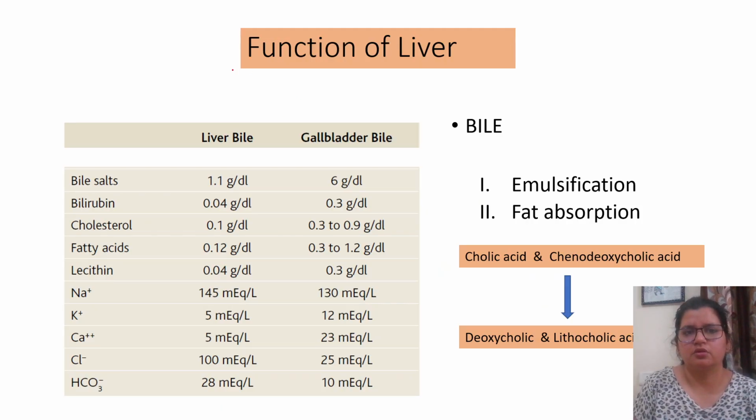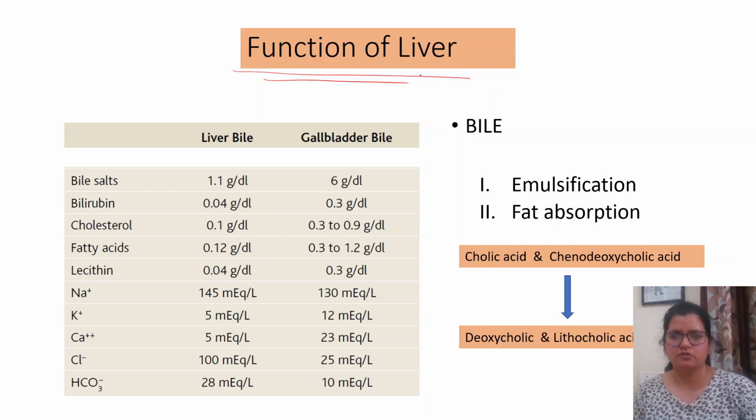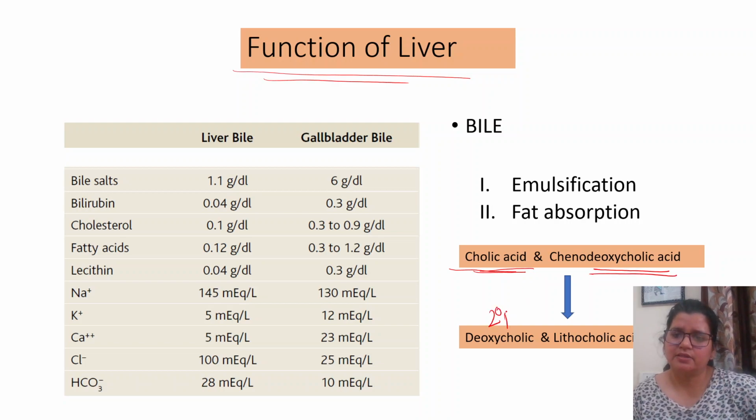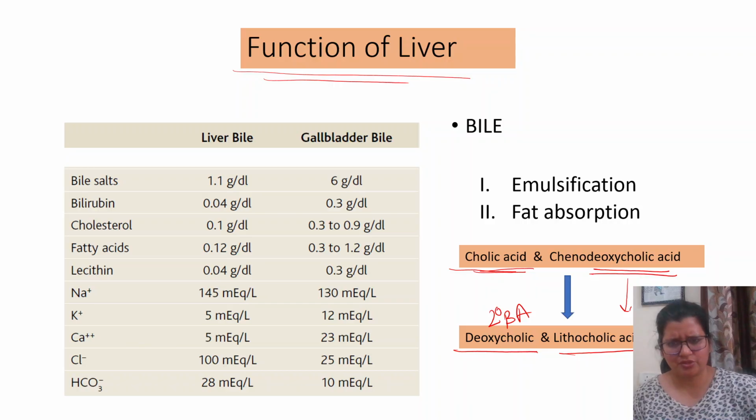Before discussing the details of the function of the liver, we should have an idea of bile. What is bile? These are the primary bile acids, cholic acid and chenodeoxycholic acid, and these are the secondary bile acids, deoxycholic acid and lithocholic acid. It's basically the addition of an OH group in both.